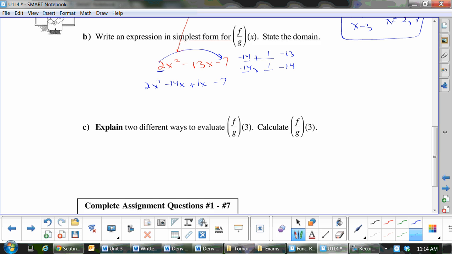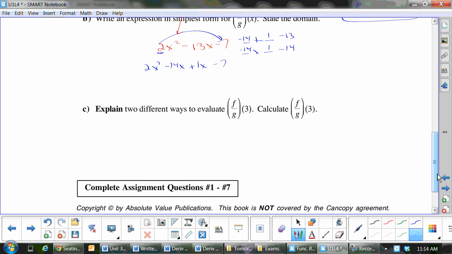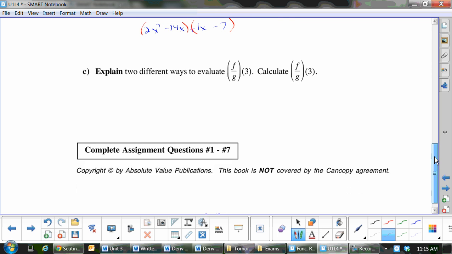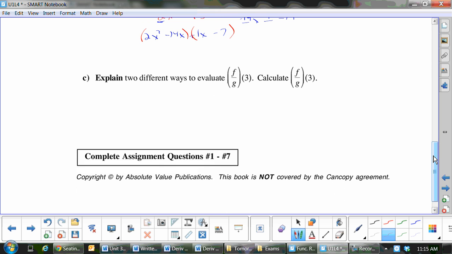So we take those two numbers, and they go into the middle because negative 13 is negative 14 plus 1. Then we put our brackets in, the first two and the last two. Order doesn't matter. If you were to put plus 1x minus 14x, you will still get the same answer in the end. From the front 2, I'm going to take out a 2x, leaving me with x minus 7.